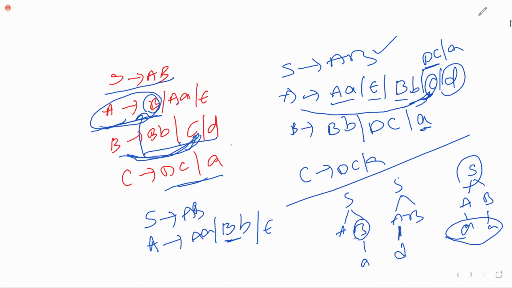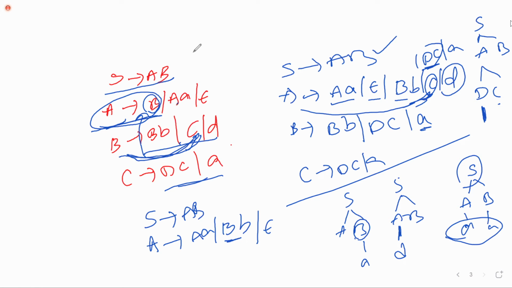Suppose S tends to AB, then A tends to DC. If I take DC, is there any chance to get a terminal through D? Is D deriving any terminal in the given grammar? No, ma'am. No means it is a useless symbol.